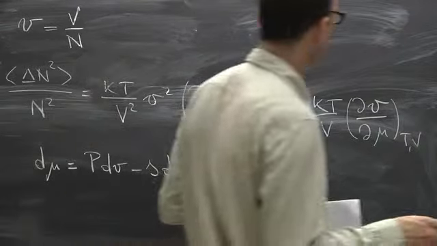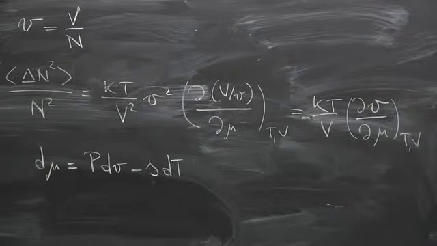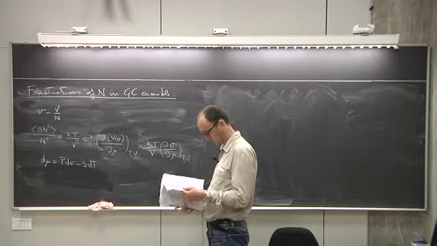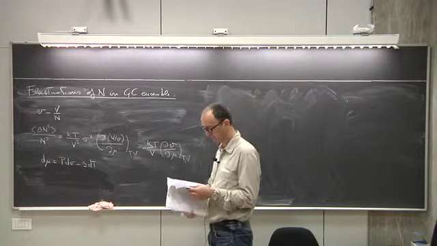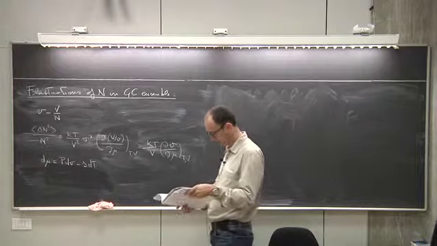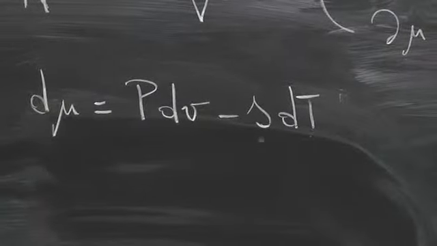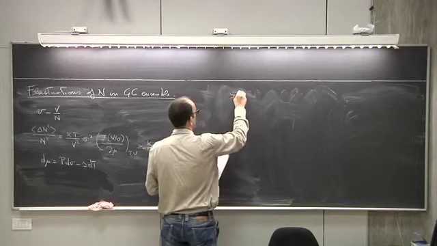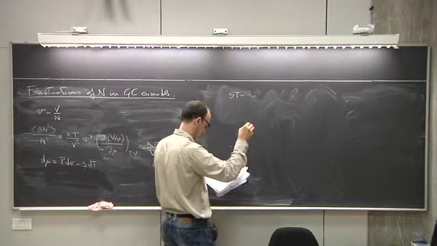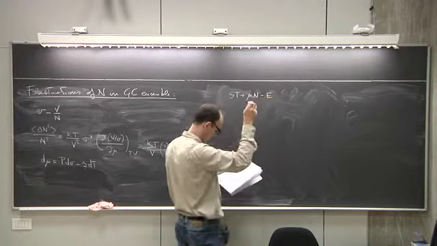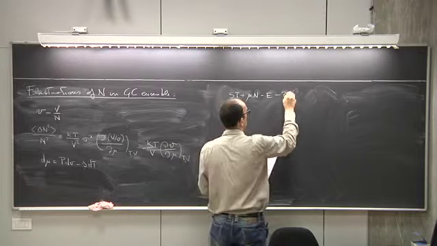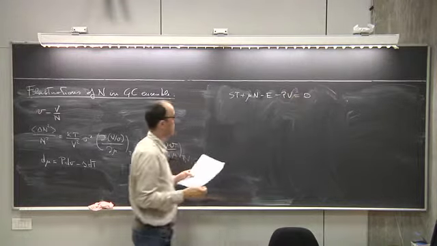We have seen last time that you have a general relation in thermodynamics which you derive from the extensivity of the entropy, which tells you that TS plus mu n minus E minus PV is equal to 0. Okay?